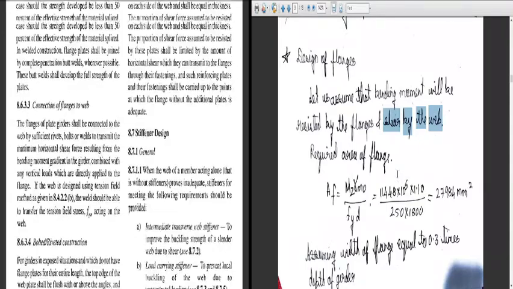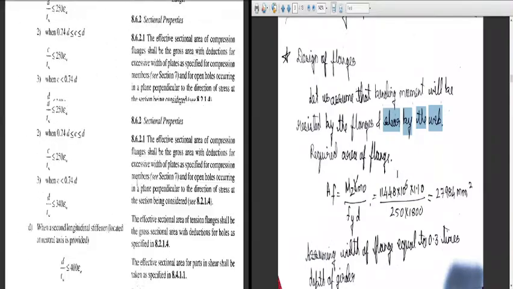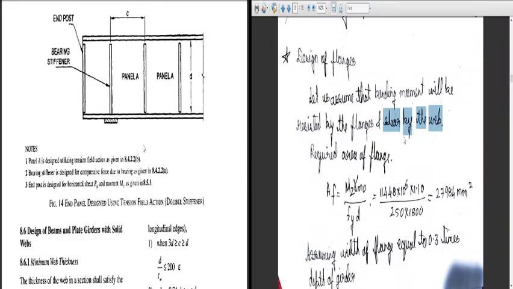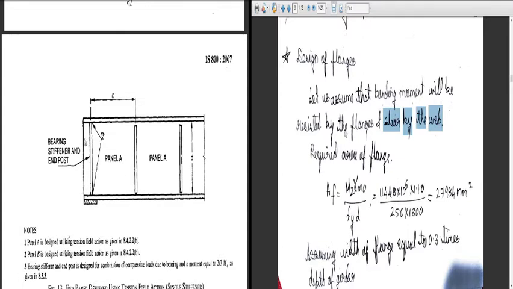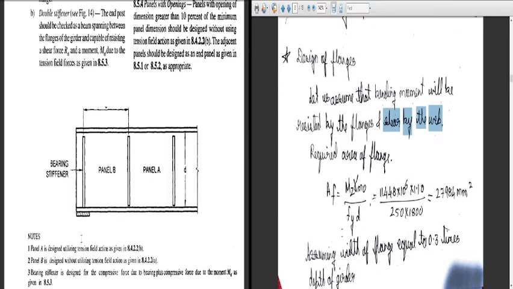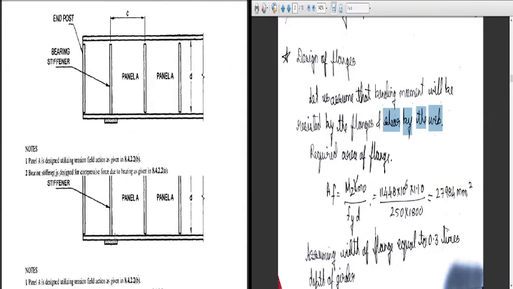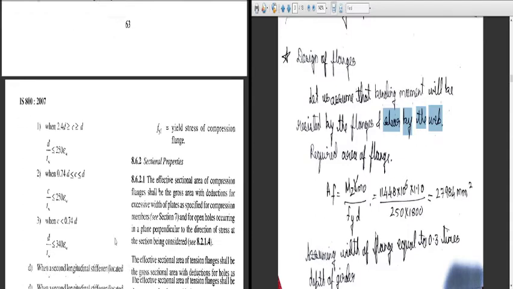So here you can see this is a cross section of plate girder. We assume that bending moment will be taken up by the flange portion and shear by the web.